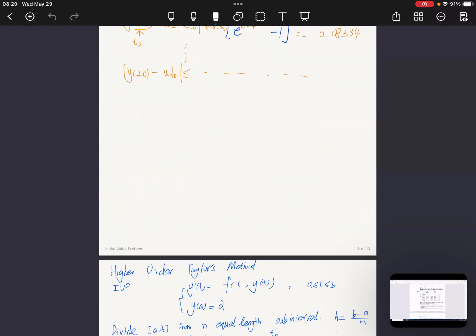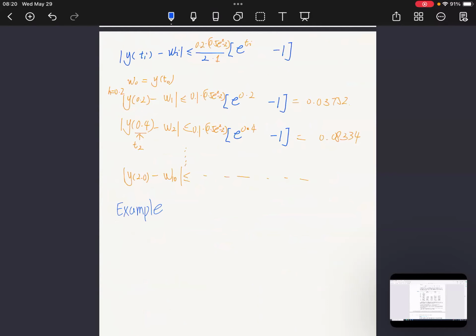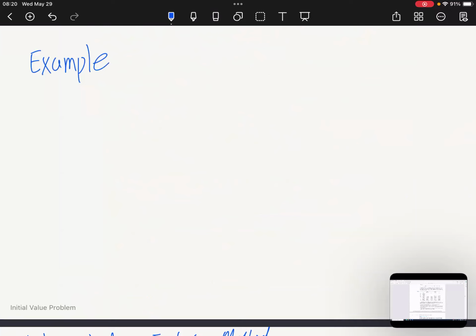For example, what's the example number here? Example 2, so example 3. Let's say y prime t equals t minus sine yt, and let y0 equal 0. In this example, we want to get the second derivative y double prime, and let's see what happens.